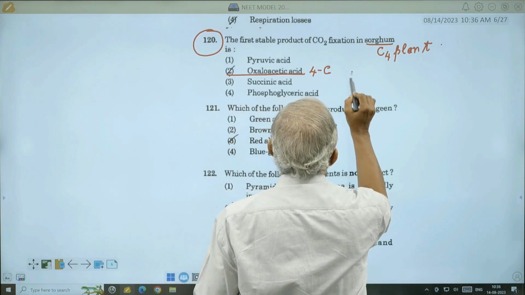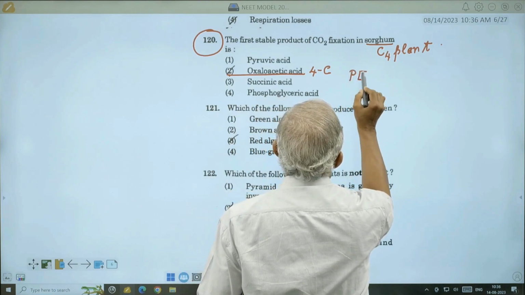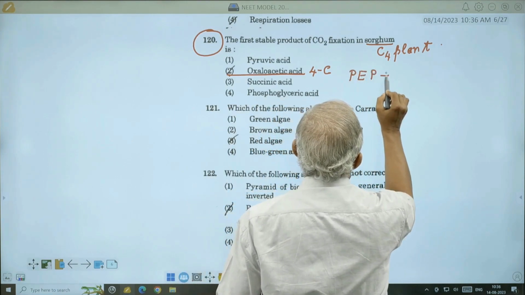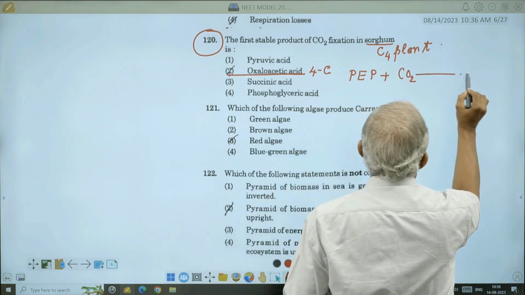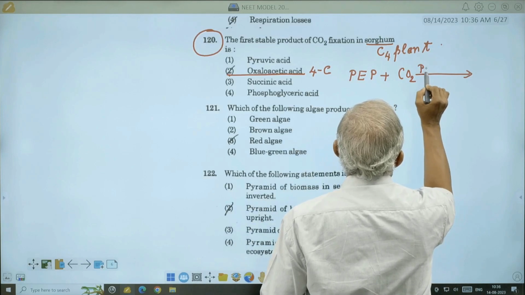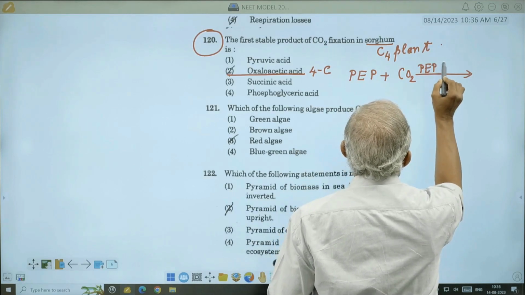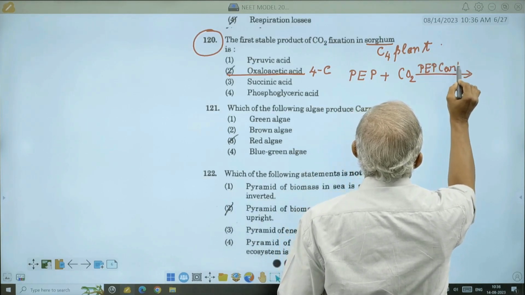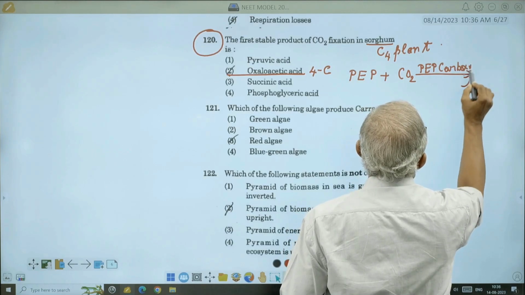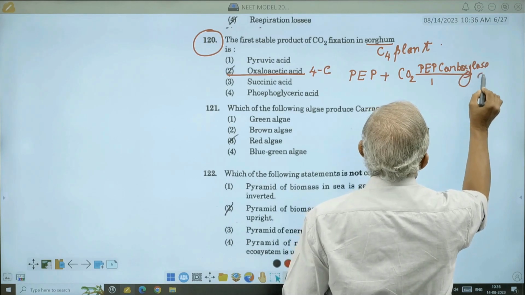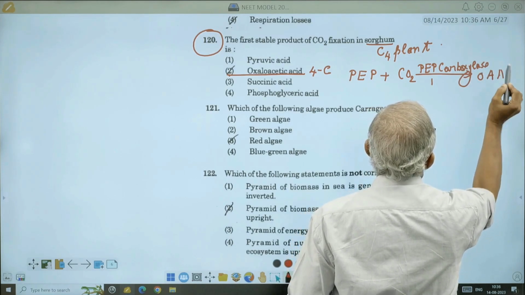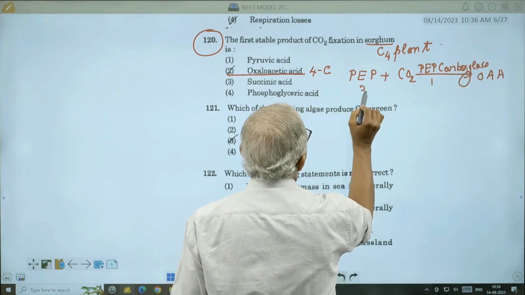How is it formed? Phosphoenol pyruvic acid combines with carbon dioxide. The enzyme is PEP carboxylase and the product is oxaloacetic acid.